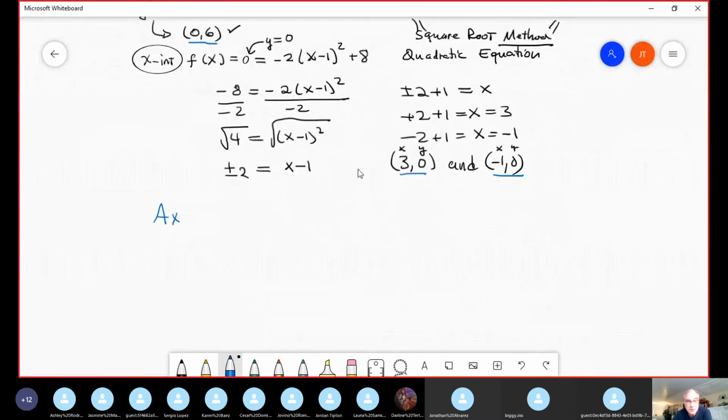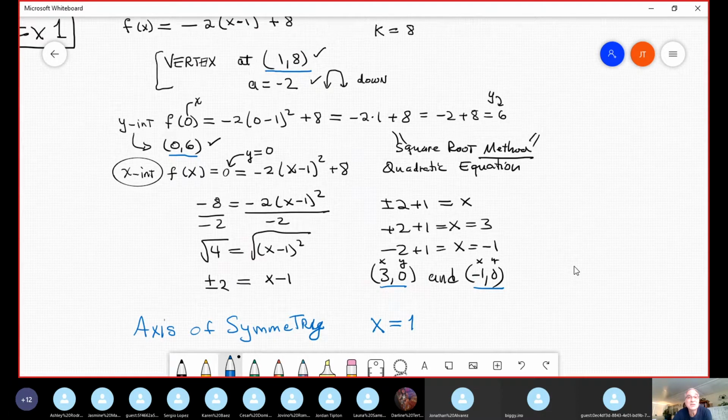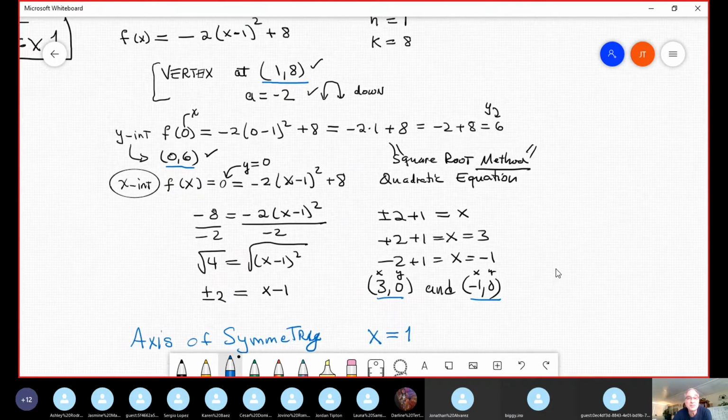Entonces es x equal 1. Because h, remember, we discovered que es 1, no? Look at that.